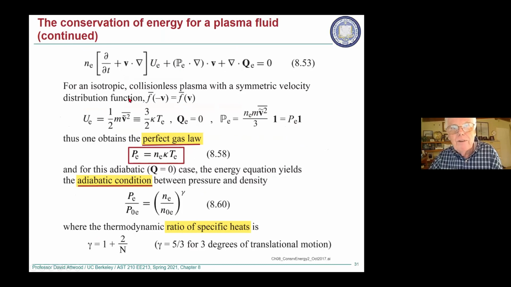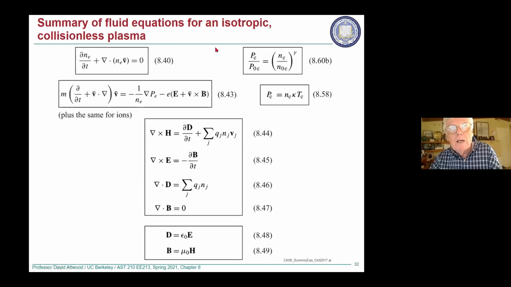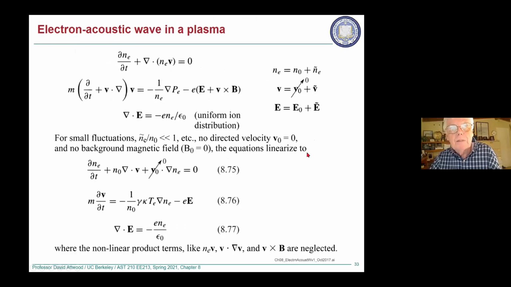And if you follow things through, you can obtain the perfect gas law and the adiabatic condition, and these are going to replace our energy equation. So for our fluid level plasma, these are our two fluid equations, conservation of particles and conservation of momentum. These equations go with Maxwell's equations, and you solve different problems on a fluid scale.